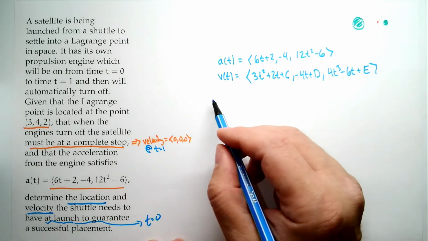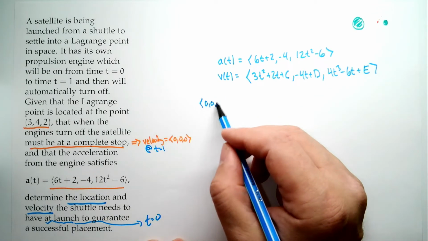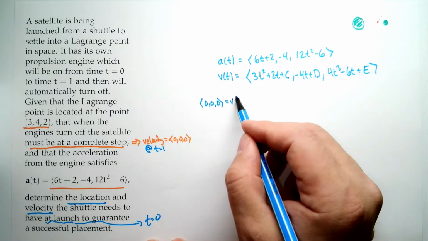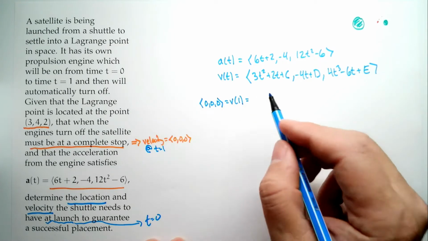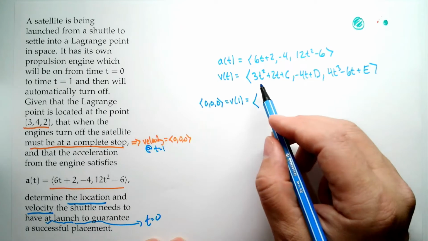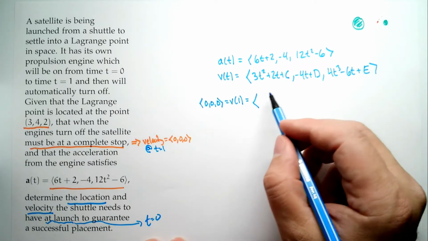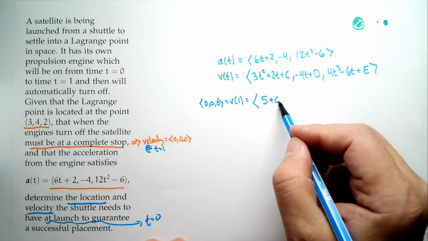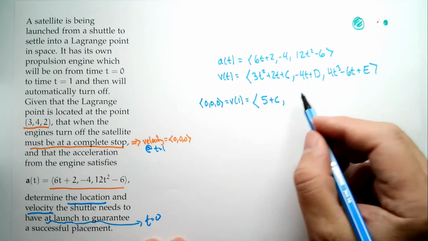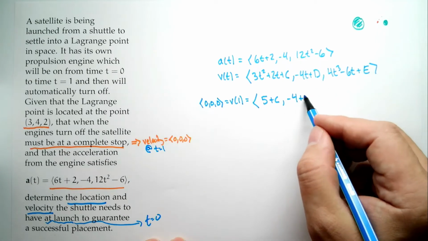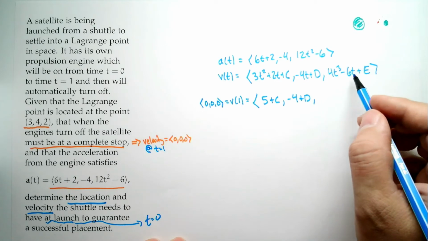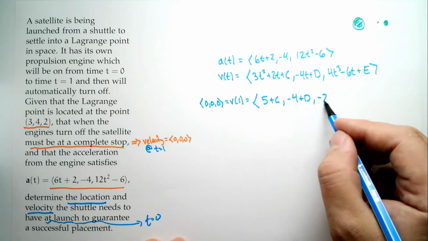So we can say that 0, 0, 0, which is the velocity at time 1, has to be equal to 3 plus 2 plus c, so that's 5 plus c; negative 4 plus d; and 4 minus 6 plus e, negative 2 plus e.